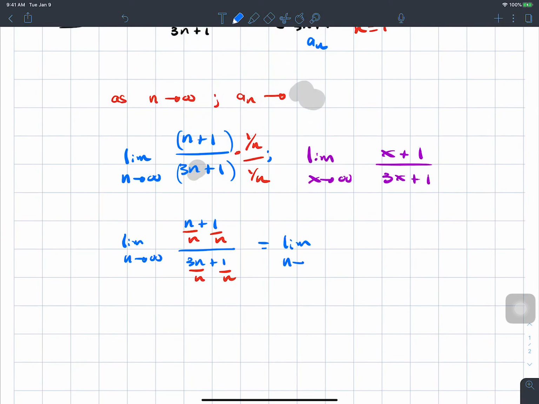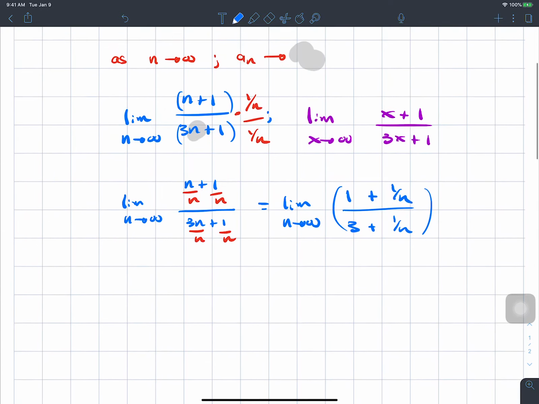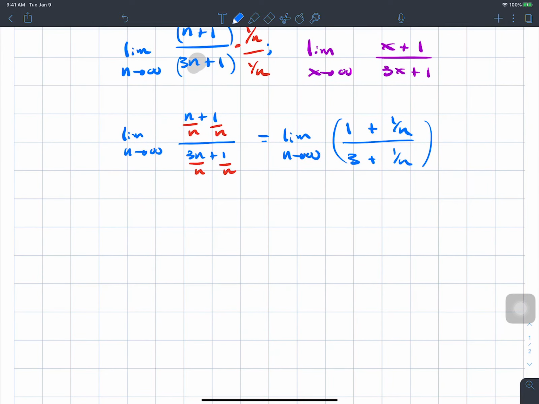So it's the limit, n goes to infinity, of (1 plus 1 over n) over (3 plus 1 over n). And at this point, you use properties of limits, meaning the limit of a quotient is the quotient of limits. The limit of a sum is the sum of limits. And I'll write every detail here.